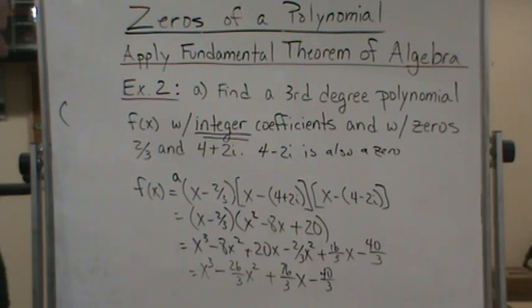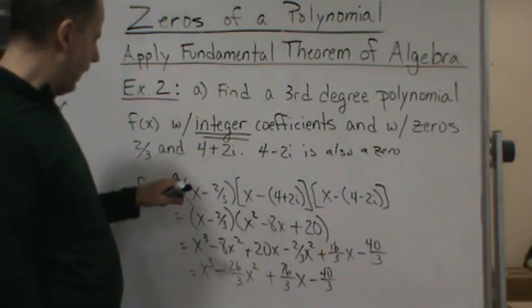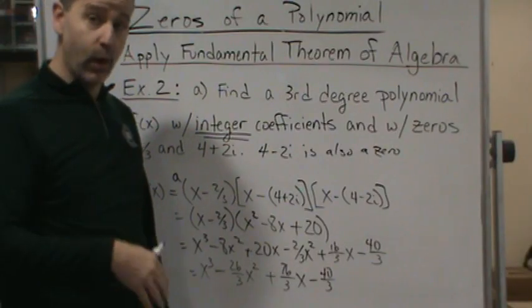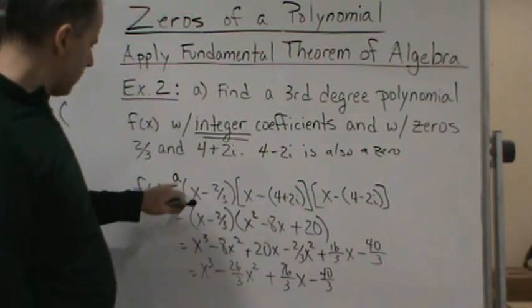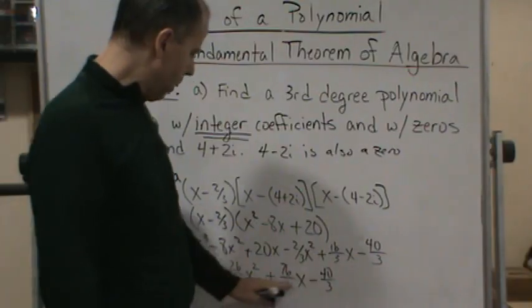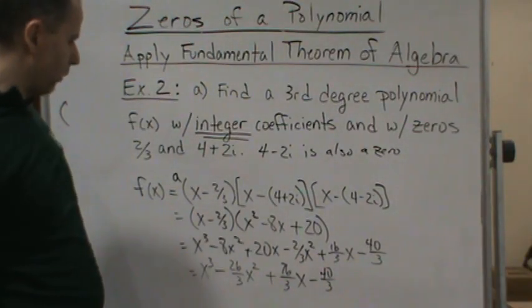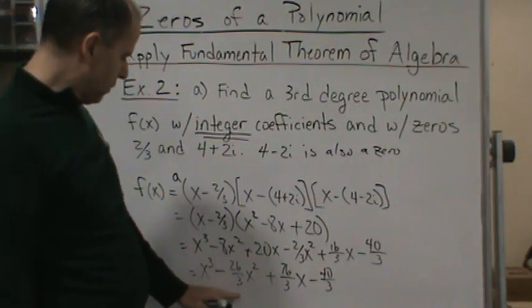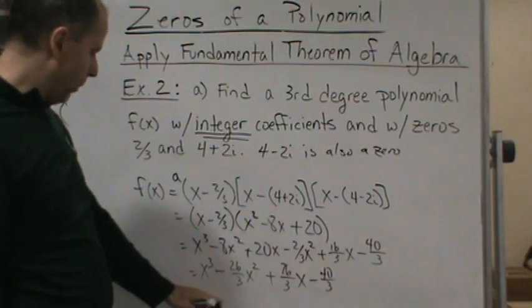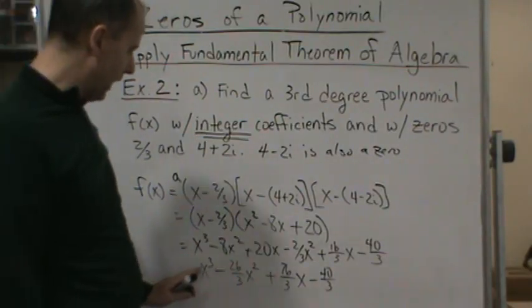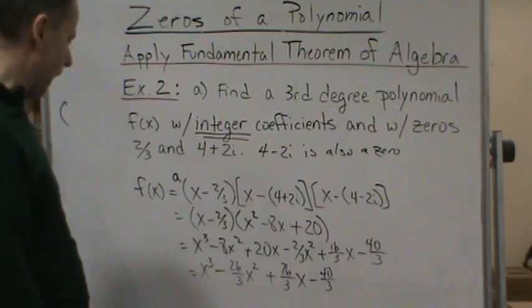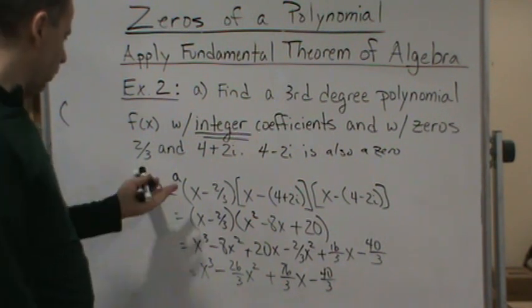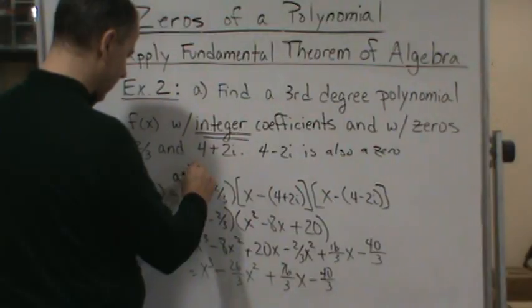So assume that we're multiplying by some non-zero a value. Now all we have to do is ask what a value, and typically we want the smallest a value. What's the smallest a value that, if we multiply this polynomial by it, will give us integer coefficients? Well, the answer is 3, because we want to get rid of that denominator. So we'll make a equal to 3.